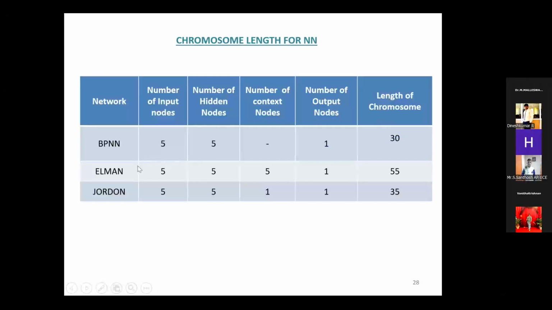Similarly, in the other architectures, the Elman and Jordan, with this node structure, the chromosome length will be 55 and 35. We have to see this with the weight factor combinations. So this is the way you have to form the length of your chromosome.